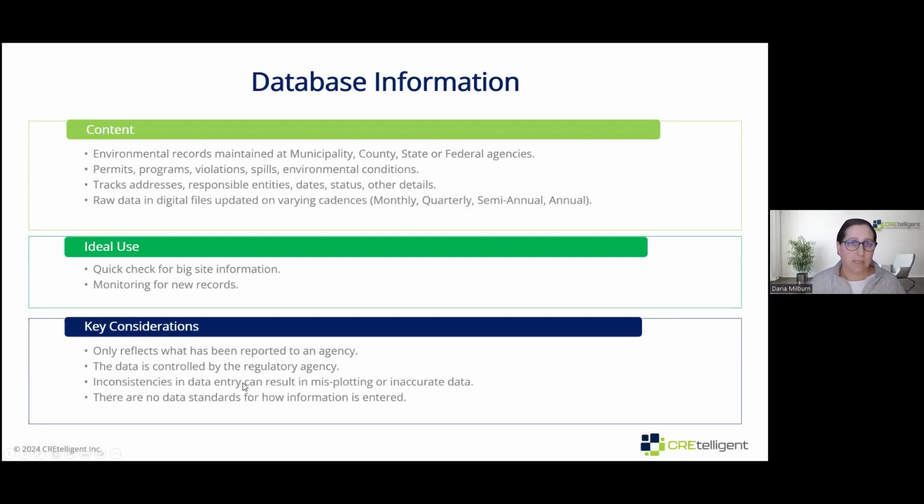So it could be a miskey of information, or it could be that the wrong entity was entered, or that a mailing address for a responsible party was used as the site address, or vice versa. So there's a lot of things that can go into poor public records. There's no standards for how this information is entered. There is no consistency agency to agency. And so that is one of the things to bear in mind as you're looking at these reports.